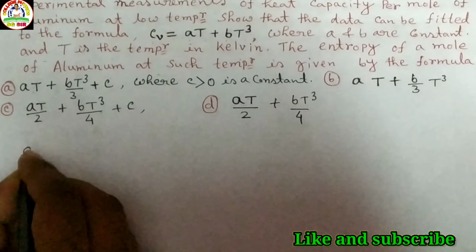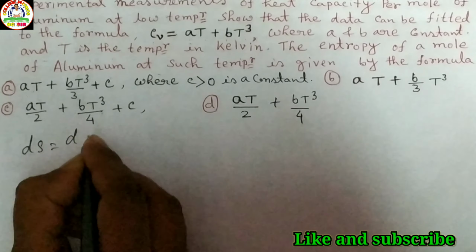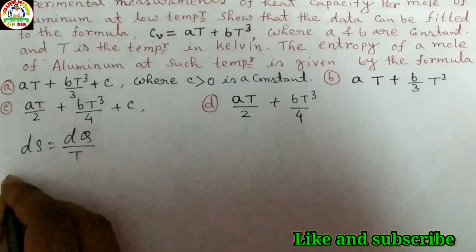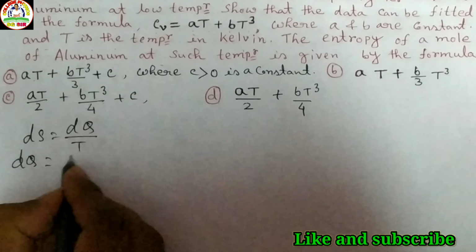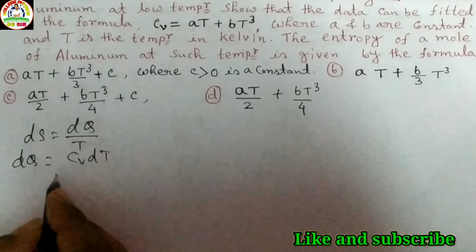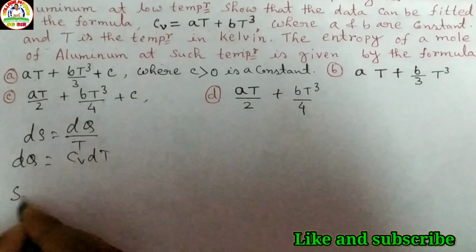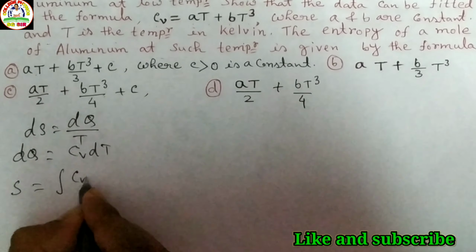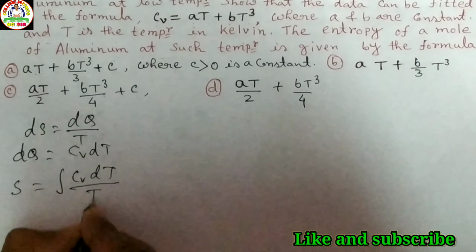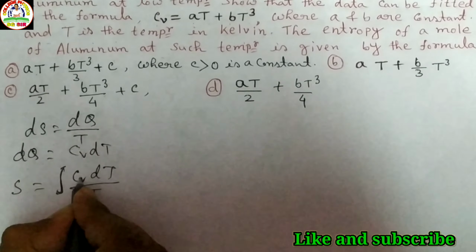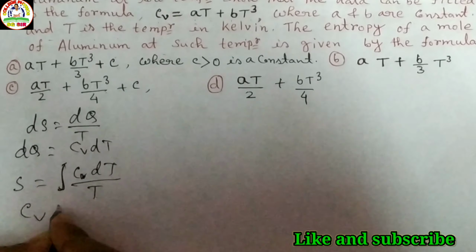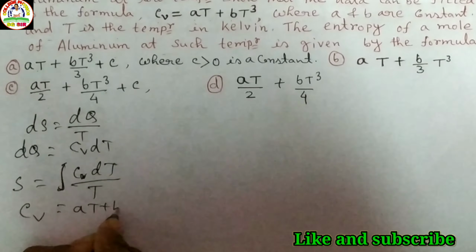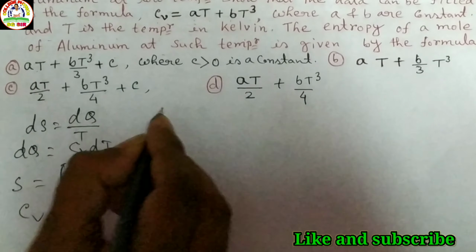So we know dS equal to dQ by T, and also dQ equal to Cv dT. If we put this value, entropy S equal to the integration of Cv dT divided by T. Here Cv is given by AT plus BT cube.